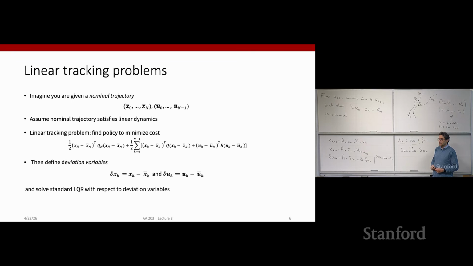Does this make sense? So we started from a tracking problem that at face value looked quite different from a regulation problem. But then by reasoning in terms of deviation variables, we were able to reformulate the tracking problem as a regulation problem with respect to deviation variables. We then do control development in the space of deviation variables. And to do that, we formulate an auxiliary LQR problem with cost also defined with respect to deviation variables.